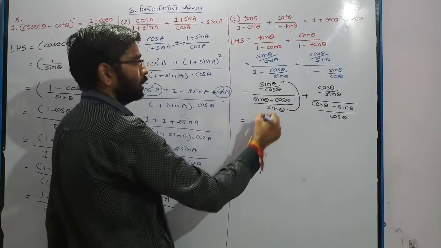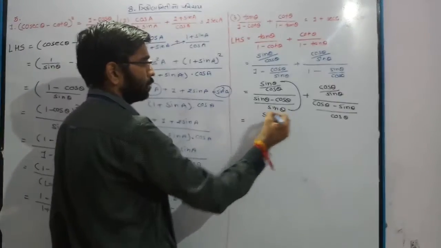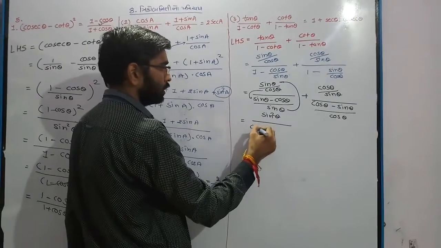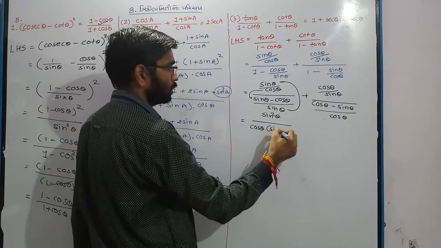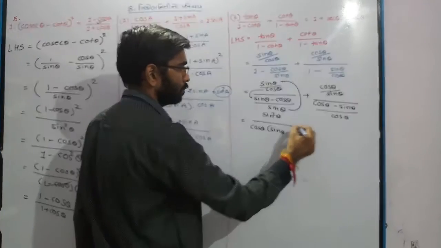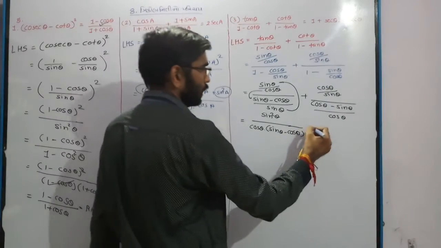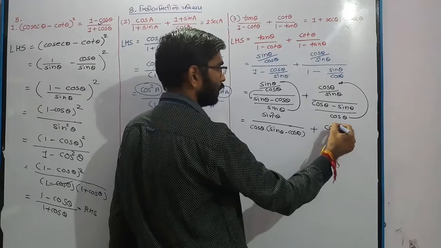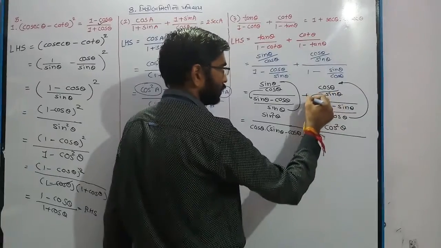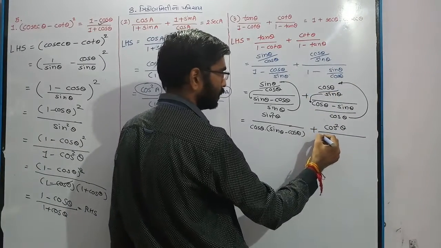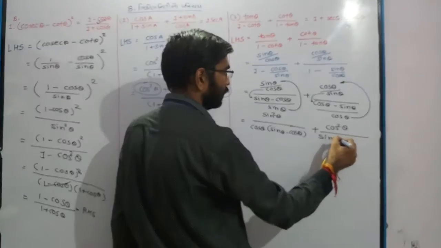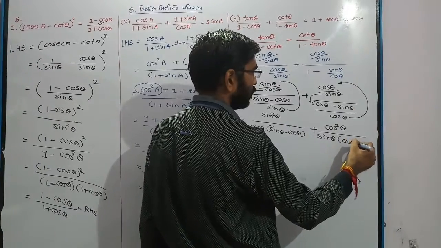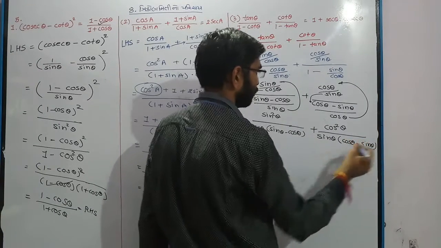Sin into sin gives sin square theta, cos multiplied with sin minus cos. Cos multiplied with cos gives cos square theta, and sin is multiplied with cos minus sin in the bracket.